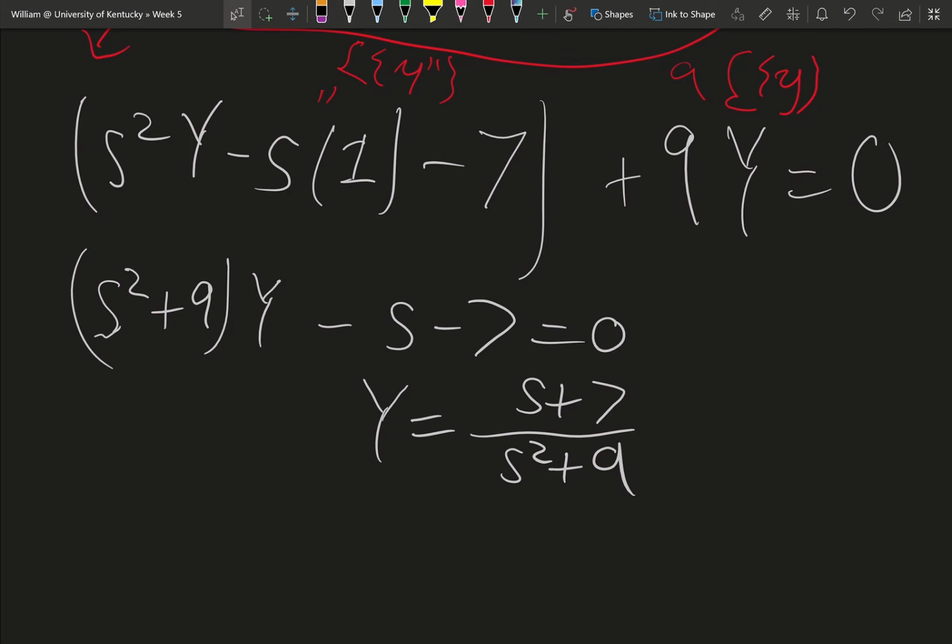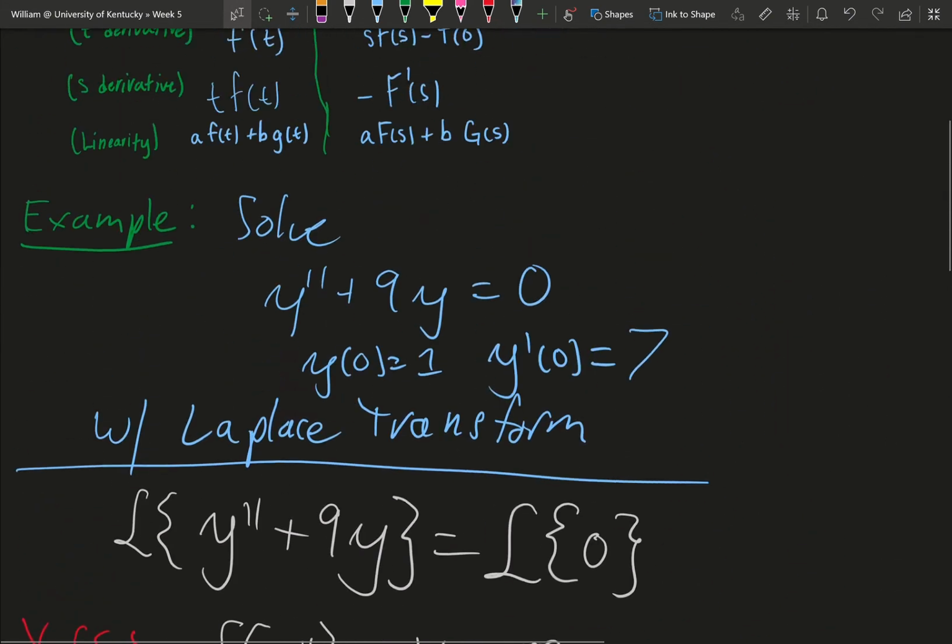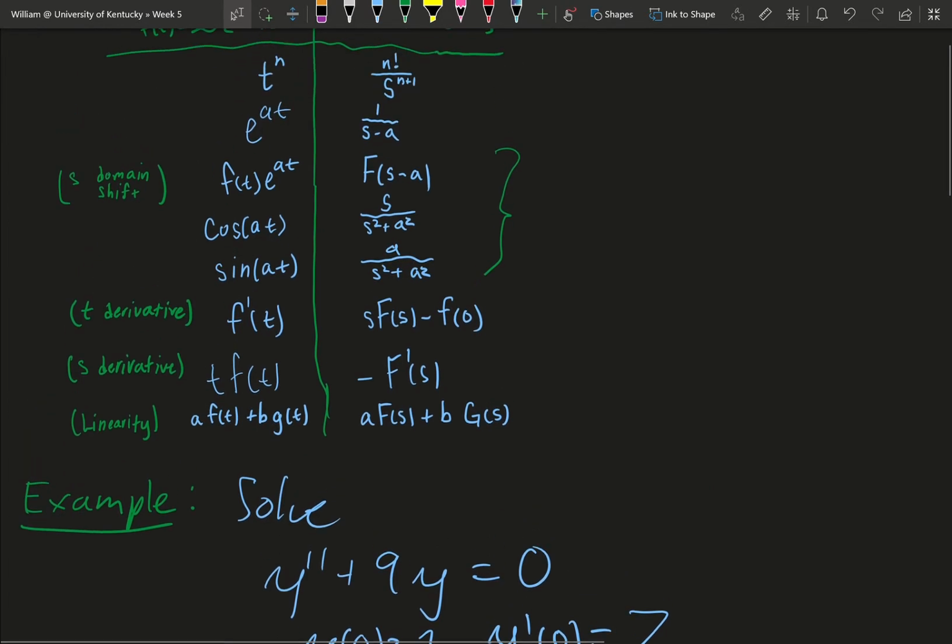And now we can't really factor the bottom here, so what we want to rely on are the formulas for the Laplace transform of cosine and the Laplace transform of sine. So in this case, we have a squared is 9, so we should be looking for something of the form 3 over s squared plus 9 and s over s squared plus 9.